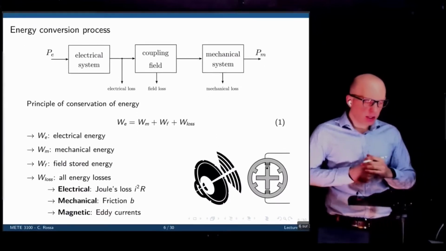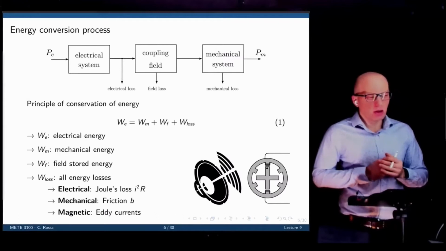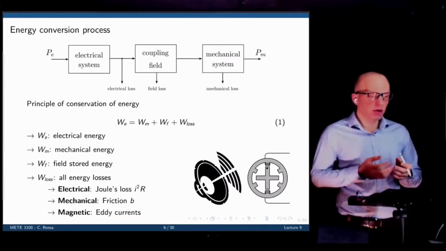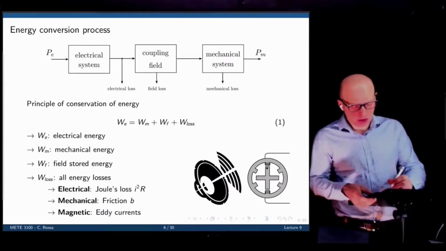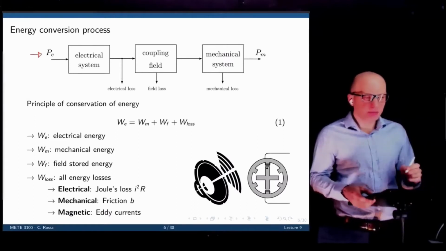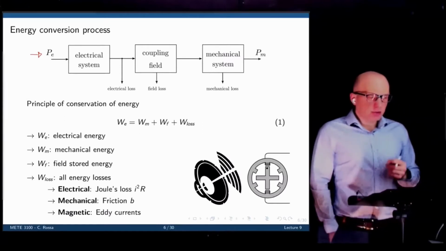All right, for the energy conversion process in electromechanical systems, we have 3 main parts. The first part is the electrical system itself. That's where the power comes from. We have a power input that we call here PE, the electrical power to the system. That power is delivered, and it creates a magnetic field.